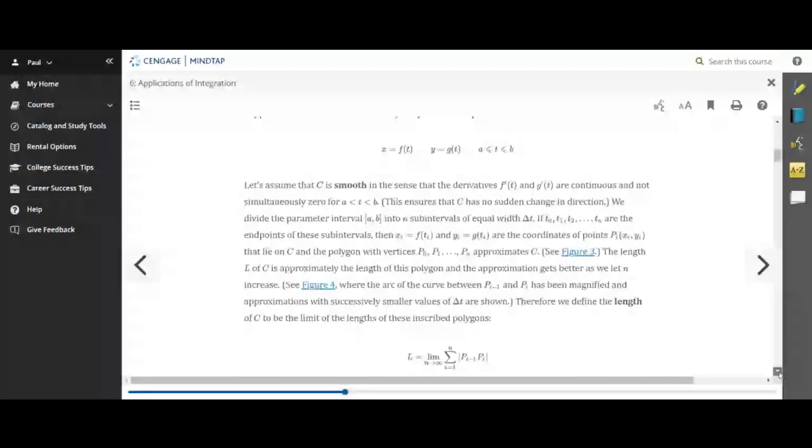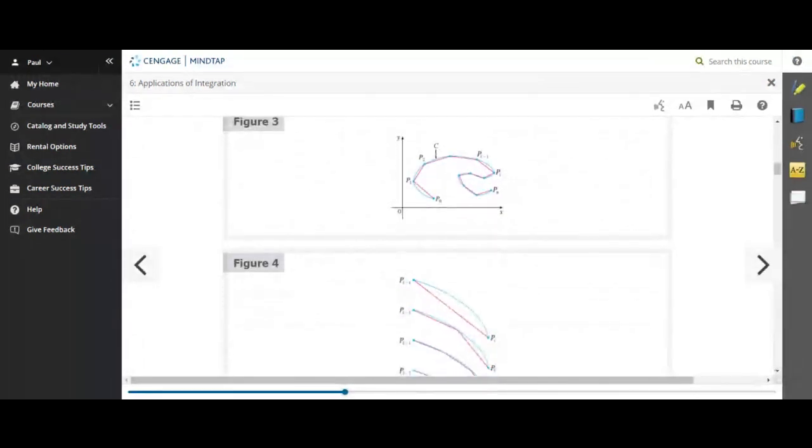Here's figure 3, where there's an arc that we know nothing about. We've never found the length of an arc like that. It goes from an initial point P sub 0 to an end point P sub n. They say, okay, let's put in line segments all along the arc, and we'll approximate the length of the arc by adding the lengths of those line segments.